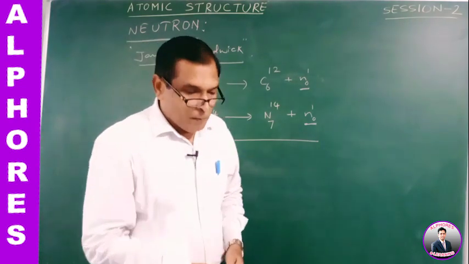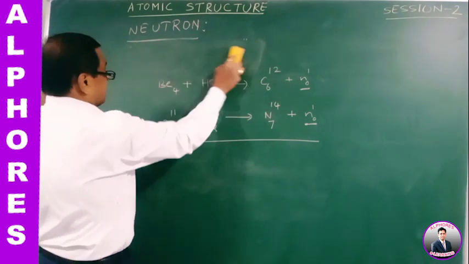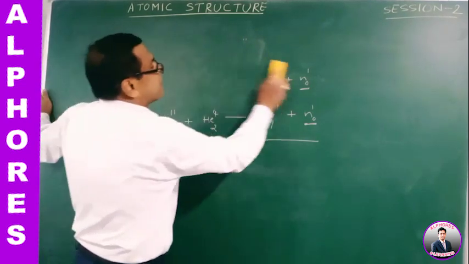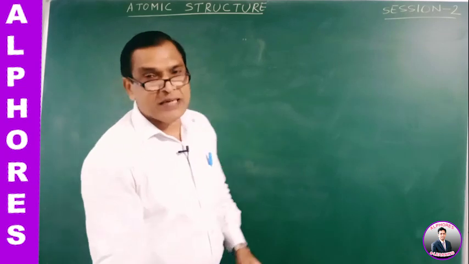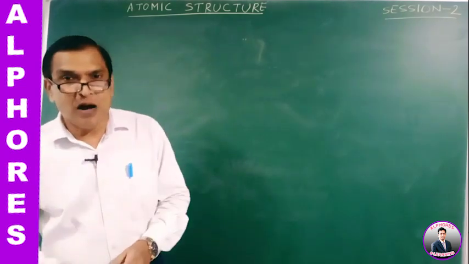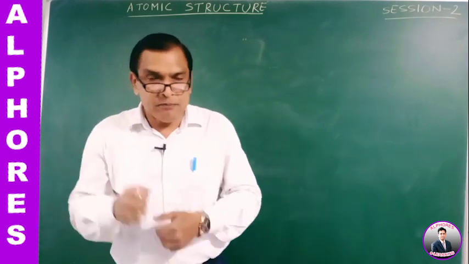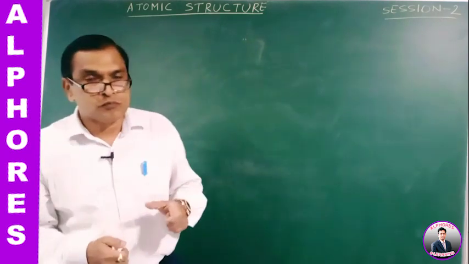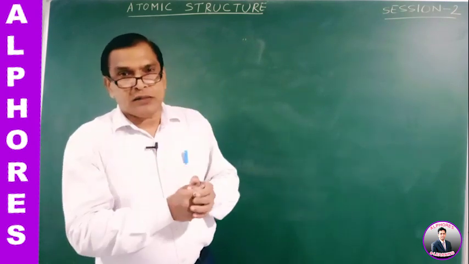Now, the details of the alpha ray scattering experiment. In the alpha ray scattering experiment, he selected polonium as a source of alpha rays. The alpha rays emitted from polonium are projected on a thin gold foil.